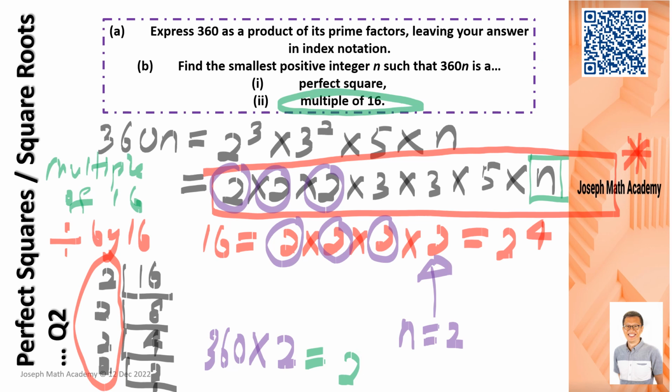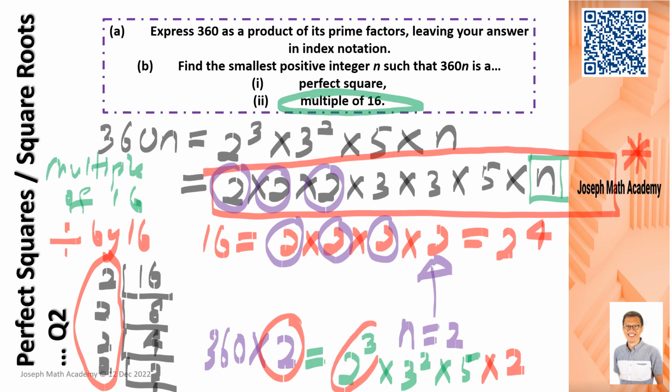This is our original expression in part A. When we multiply by 2, we are making this 2 to the power of 4, and 2 to the power of 4 is already 16.